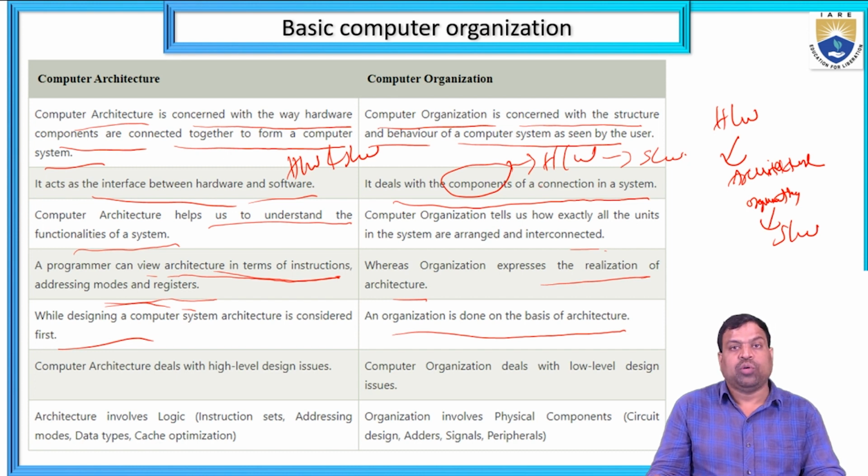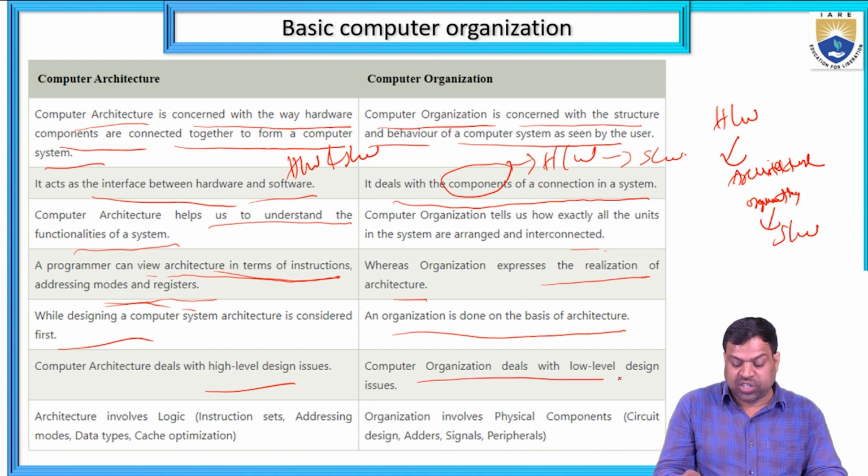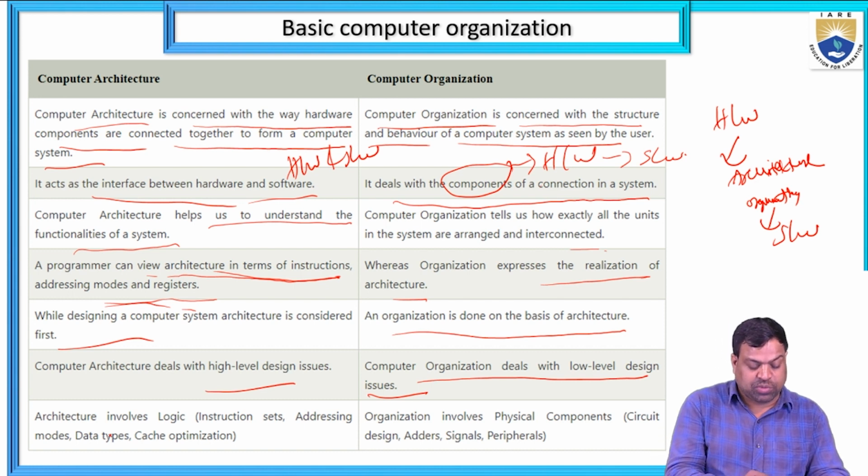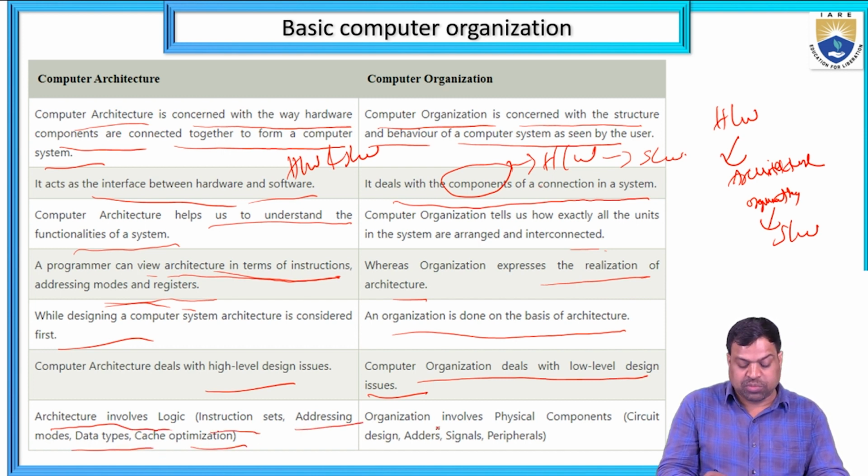Computer architecture deals with high level designing, and computer organization deals with low level designing. High level designings are architecture, low level designings are organization. Architecture involves logic, instruction set, addressing modes, data types, and cache optimization.